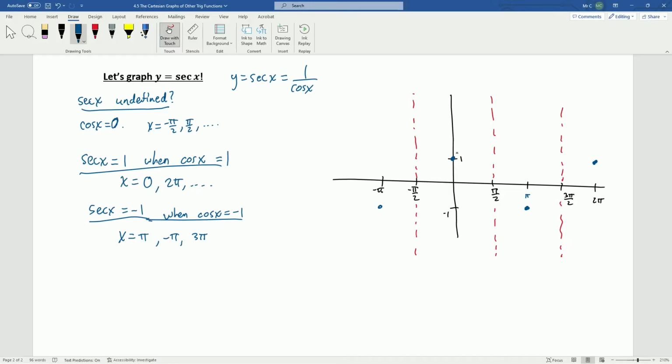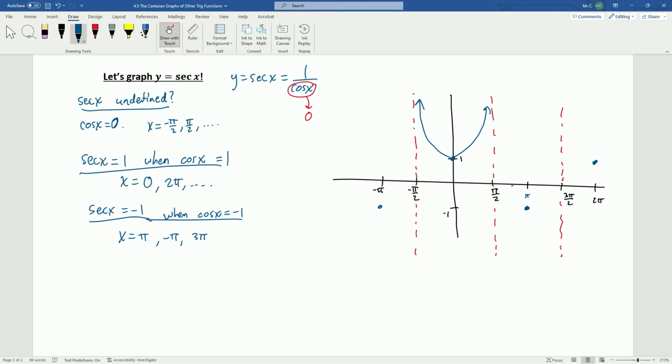But it's actually easy enough to figure out here, because what we know is that at these asymptotes, cosine of x is approaching 0. And we can just look at these quadrants to figure out where cosine is positive. I know that cosine is positive in the fourth quadrant, from negative pi over 2 to 0, and in the first quadrant. And since cosine is positive there, these asymptotes will both be going towards positive infinity.